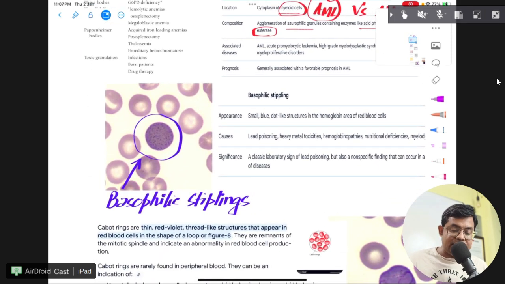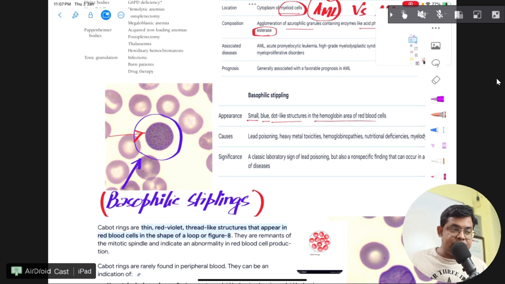This condition is known as basophilic stippling, and these are basically small blue dot-like structures in the RBCs.